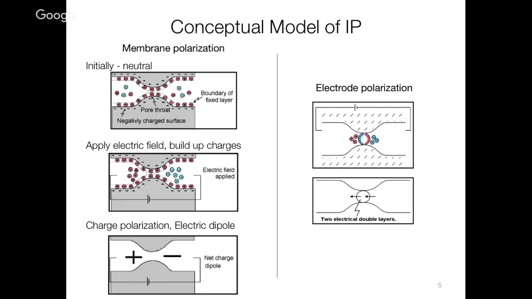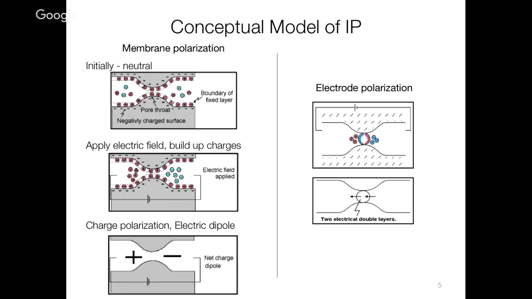There are quite a few ways of trying to think physically about what causes this IP effect, or what causes this chargeability. But the one that I think is really useful, and it has a lot of well-based applications, is something called membrane polarization. And here's how you can think about it, and this is also how you can translate it into what was happening in those previous plots.